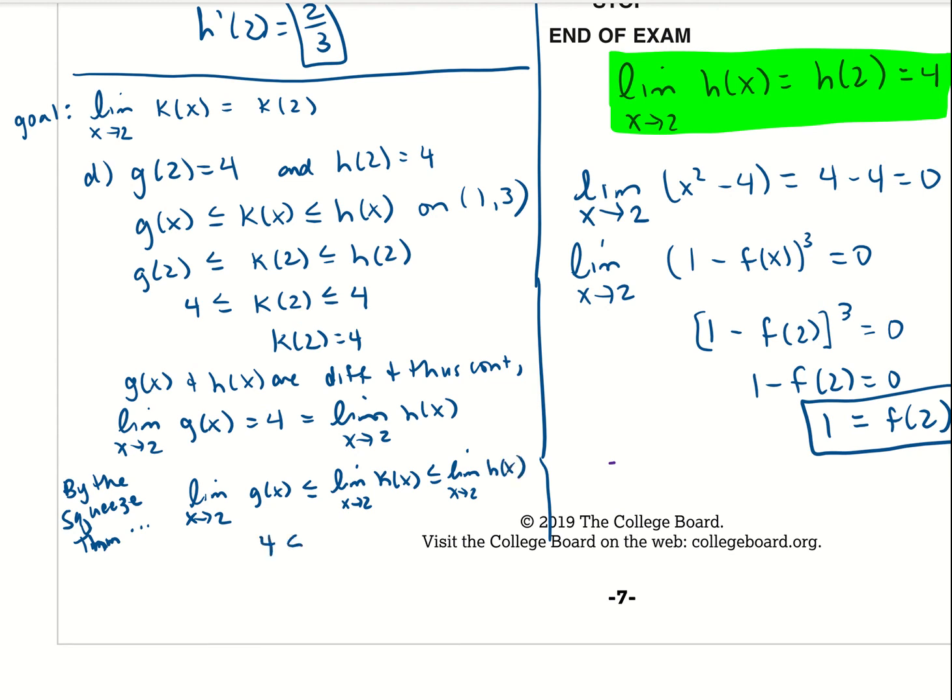And so 4 is less than or equal to the limit as X approaches 2 of K of X, which is less than or equal to 4. Therefore, the limit as X approaches 2 of K of X is equal to 4. And notice that is also K of 2. Thus, K is continuous at X equals 2.